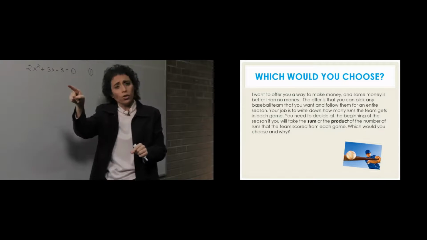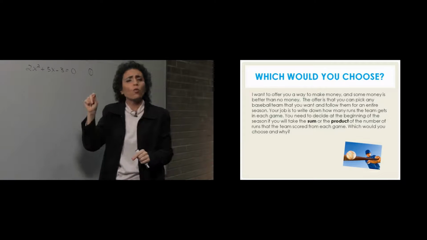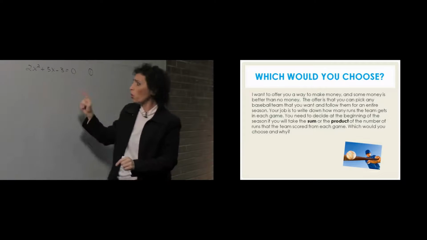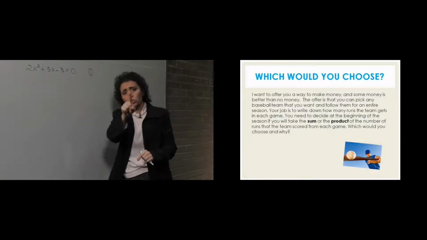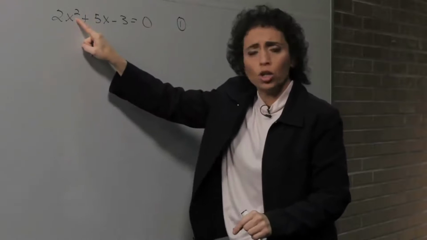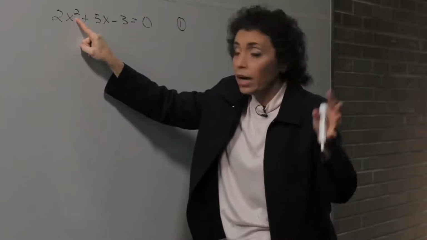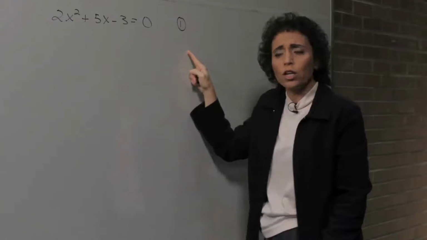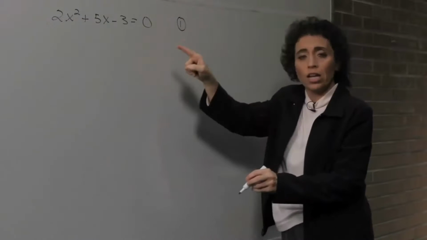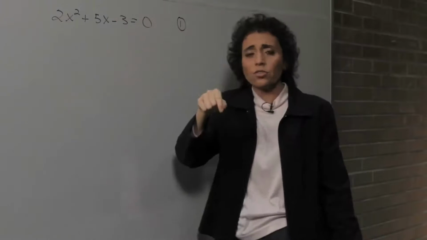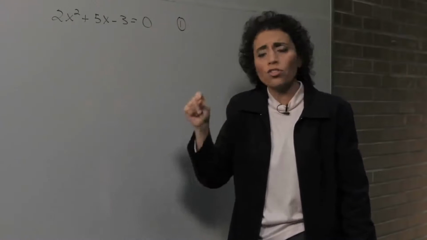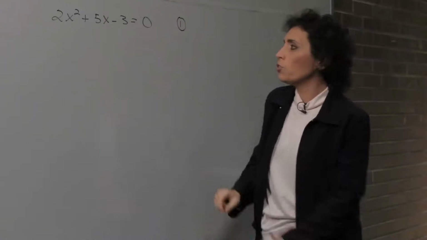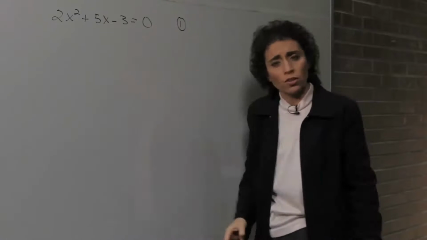On your notes on the slide it says procedure to solve quadratic equations, which is true, but the same procedure is used even if this was a cubic, a 3, or a 4, or a 5. The first thing you're going to do is put the equation in standard form, and I'm not going to write it out because it's on the slide. That means set it to 0. That's already done for you because it's already set to 0.